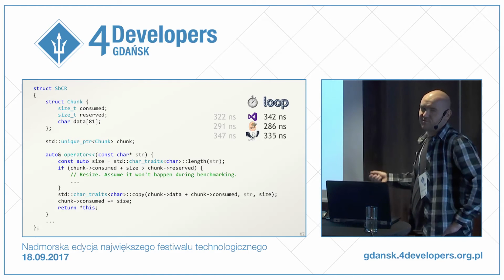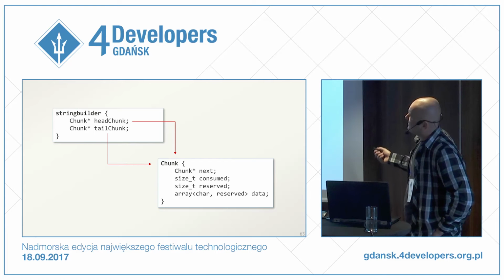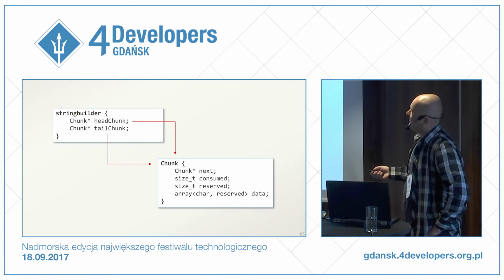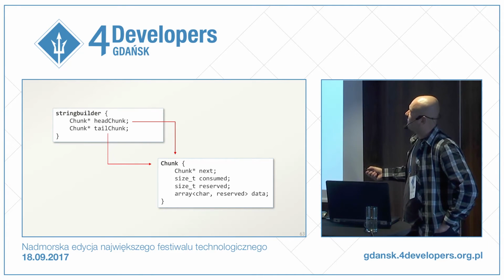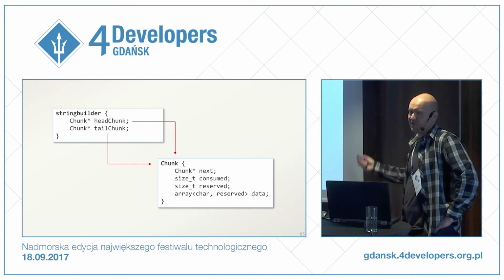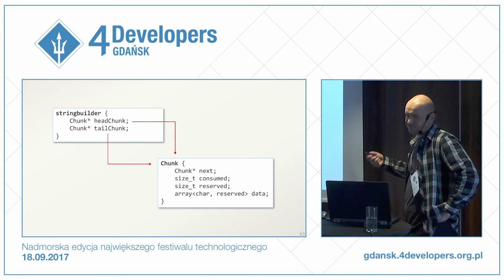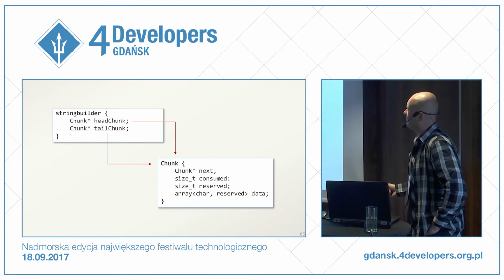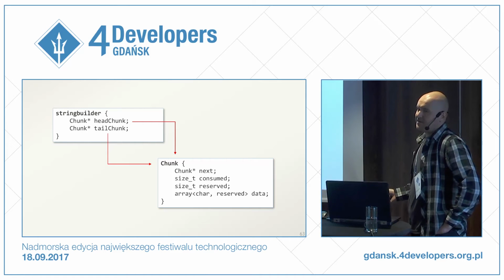And I mean that the string builder must track the head chunk and the tail chunk. If you add something to the string builder, right, initially those 2 point to null. If you add something, the code looks, I have no chunk, I have to create a new one. It allocates a chunk, head becomes tail, becomes new chunk, right?